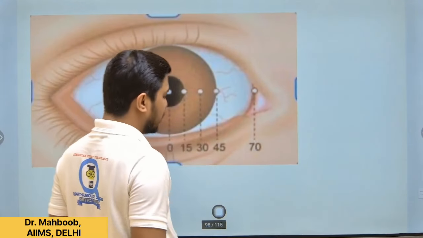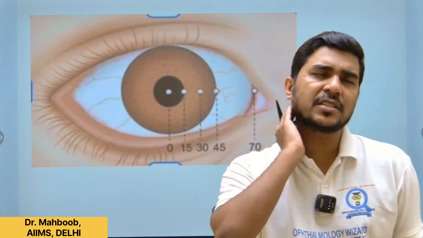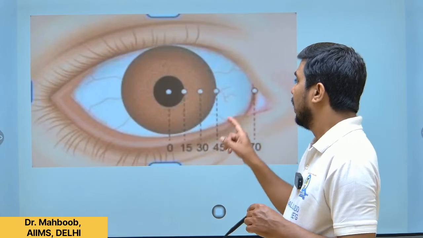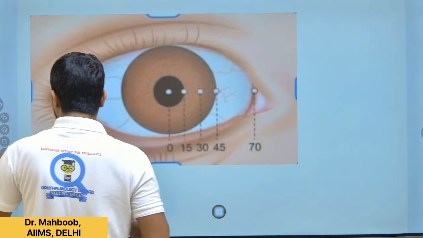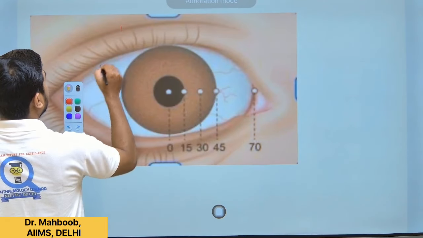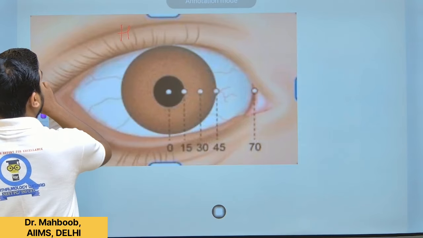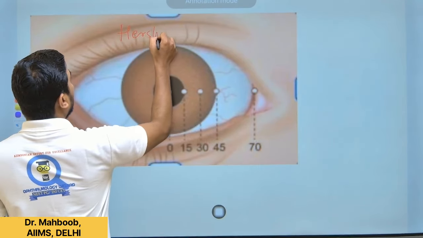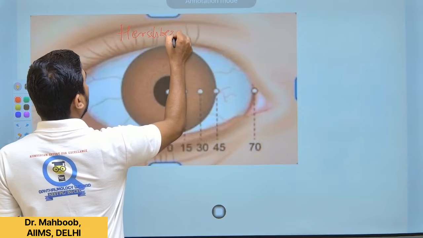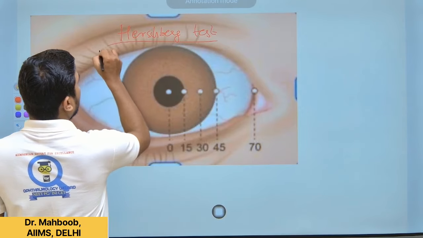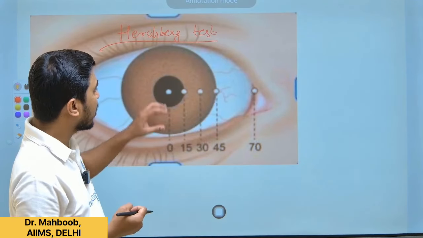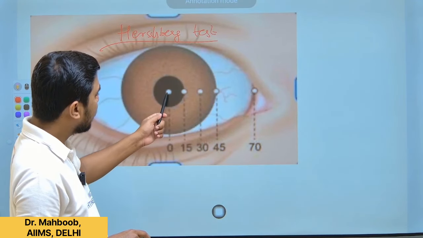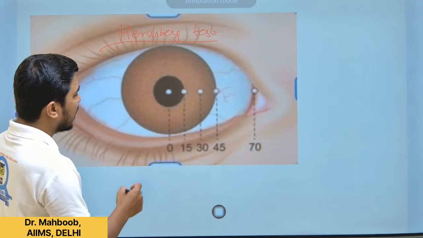Now, coming to this image. This image is very important. It has been asked in INICET, FMG, NEET, everywhere. It is the Hirschberg test. When you put a light on the cornea, if the light reflex is seen in the center, it is 0 degree.